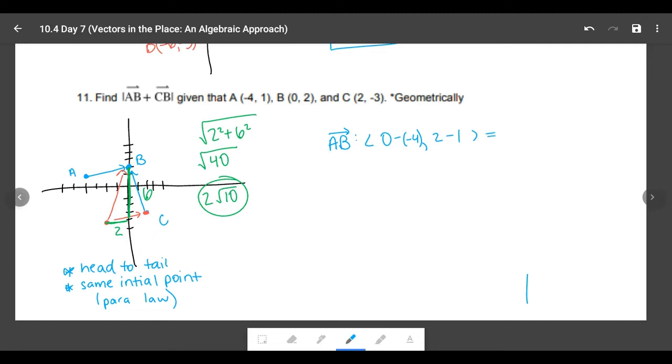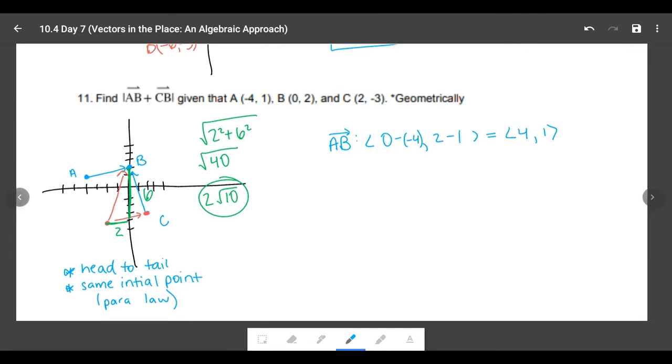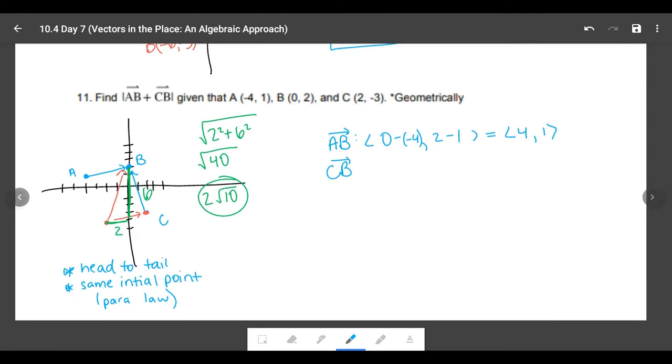And so my AB vector is going to end up being <4, 1>. We can do the same thing for the CB vector. So I'm going to take those B values and subtract C values.